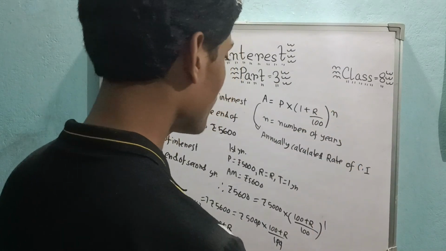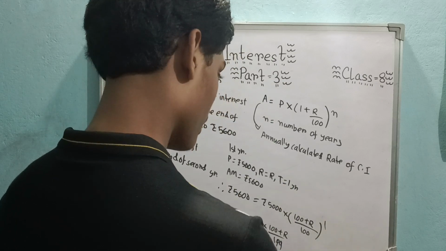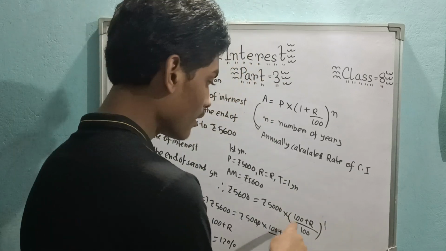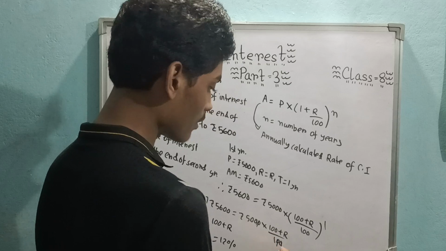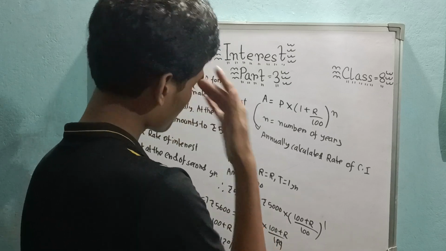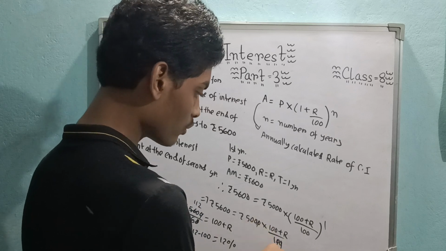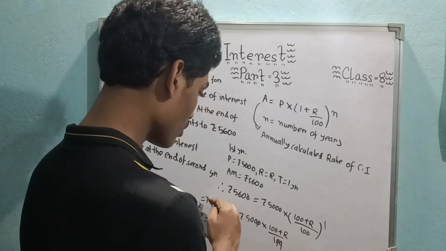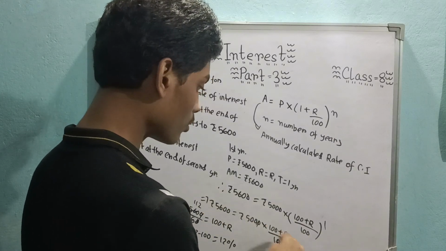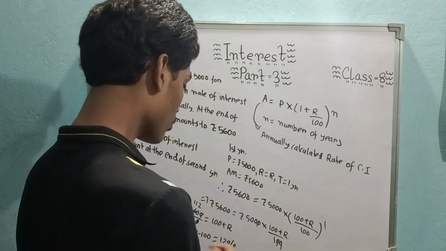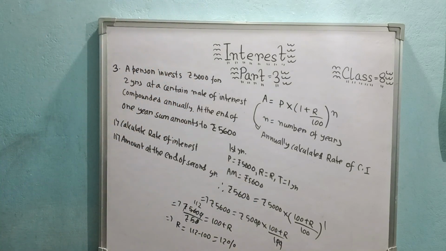N is the number of years, time 1 year, so put 1. Now 100 plus r by 100 to the power 1 means this only. Then get the zeros out. 50 into this equals this one. Then this one by 50 equals 100 plus r, and r equals 112 minus 100, 12%.